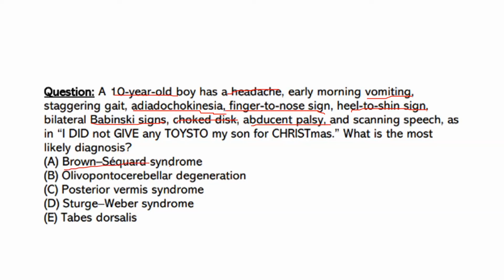It's not going to be Brown-Séquard syndrome, which is where half of the spinal cord is affected, or olivopontocerebellar degeneration. The answer is going to be posterior vermis syndrome, right? All of these are indicating some sort of cerebellar damage, and since they're a child, the most likely cause is posterior vermis syndrome.